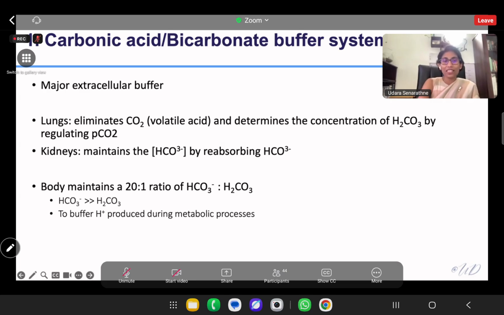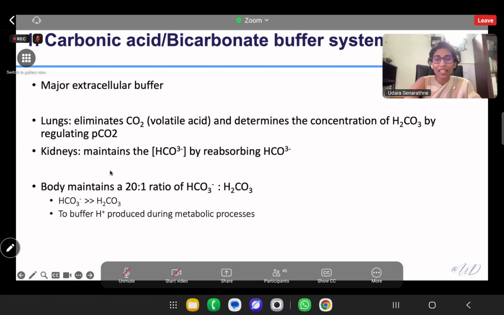So you have lungs eliminating carbon dioxide that would determine the bicarbonate concentration actually. And kidneys would help by maintaining the bicarbonate concentration through reabsorption at the tubules. Usually the body wants to keep more bicarbonate in the system because we anyway produce acids during our metabolic function.